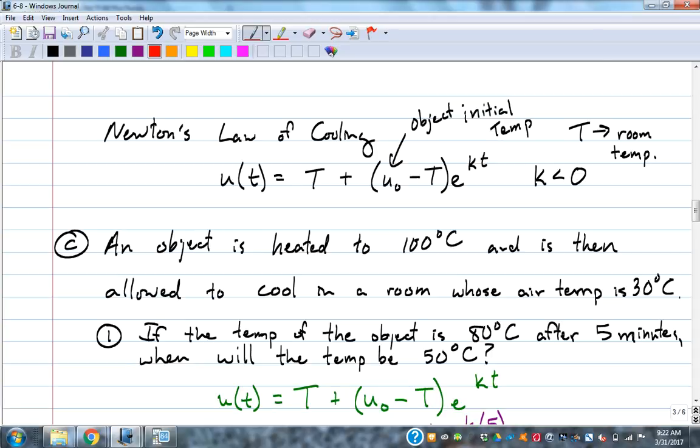So all of these are numbers that you'll have, and then the k and the t, e to the kt, that's the exponential part. The k being that cooling factor for whatever object you have. For a human body, that k is a special number. It's a special number for a piece of iron.